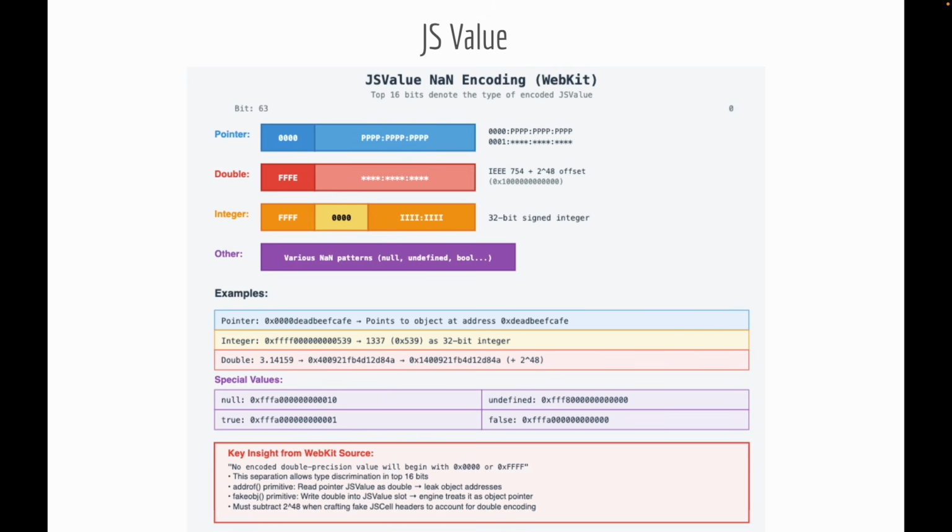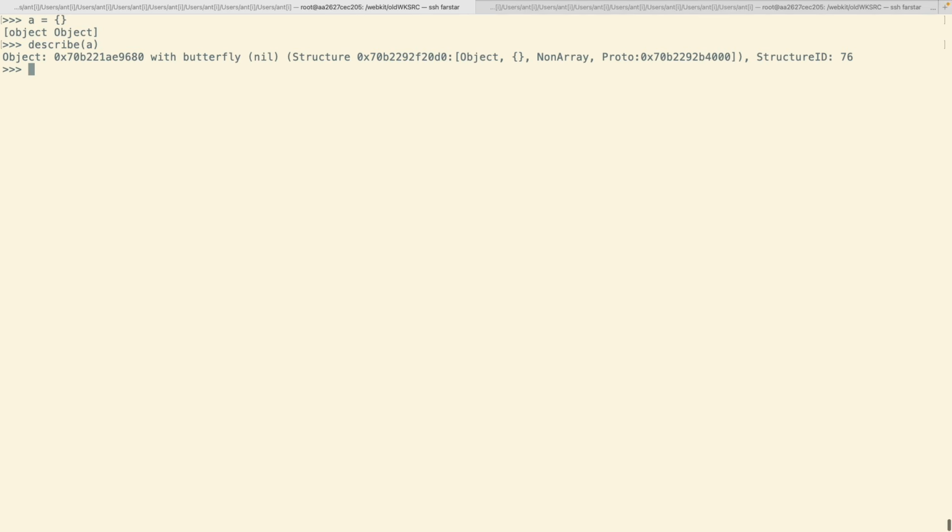Keep in mind that values are represented differently, and we can have a quick look at the interpreter. For example, we create an object here, call it A, and then we describe it like this. In the latest Docker image that I published, you also have the interactive shell.